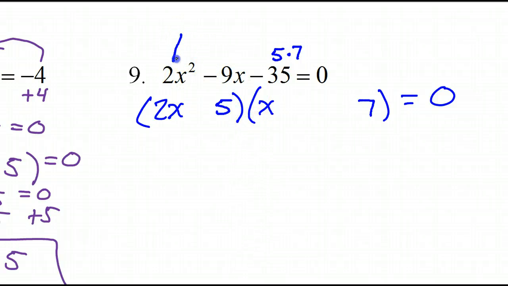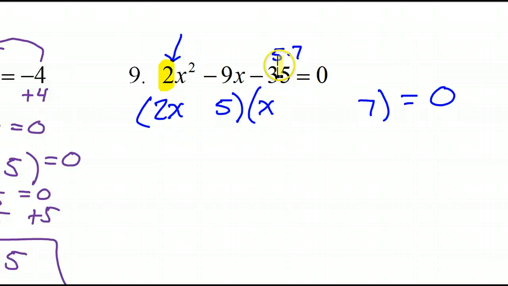Now, I'm going to go back to doing my inner plus outer equals middle thing for this problem, because of this coefficient of 2. When there's a number in the front, I can't just look at the 5 and the 7 and go, oh, does it make 9? Oh no, it doesn't make 9.